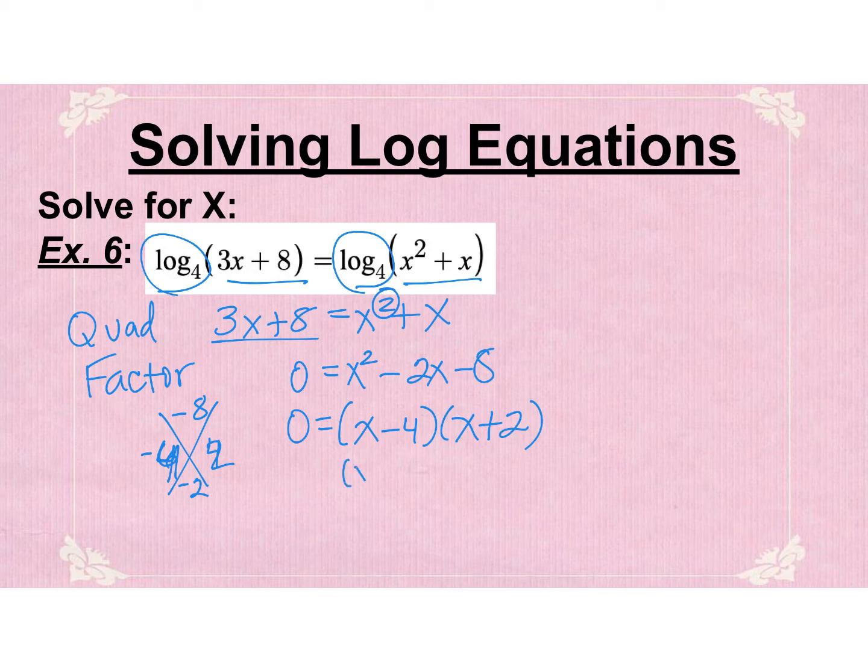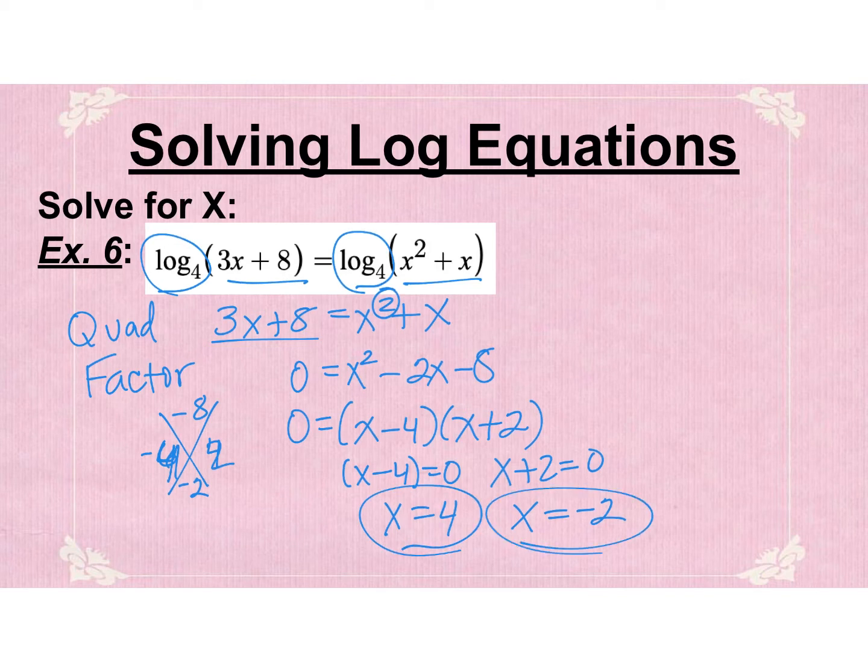We set each of those equal to 0 and solve. Remember, that's the zero product property. So x could be 4, x could be negative 2. Your variables can be negative, but just be careful if you plug them in. If they make the whole parentheses negative, then you have to exclude it. So when we do this one, they both do work. So we have two answers here, 4 and negative 2.